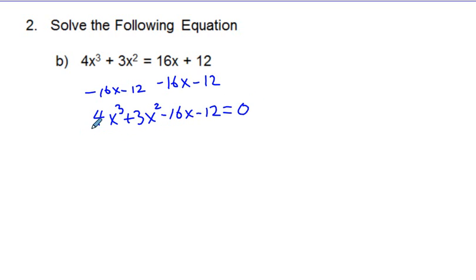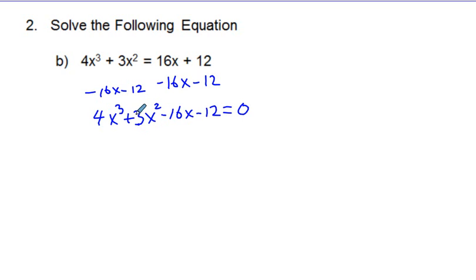Now this is a cubic function, and we look for a common factor, but we don't see one. So this is a situation where we have to use another technique, and a possible technique would be something we haven't done much of in Precalculus last year. That's called factoring by grouping.